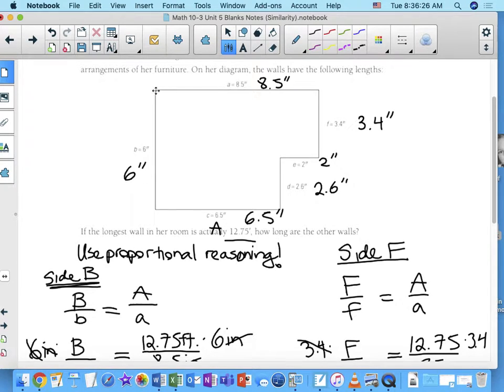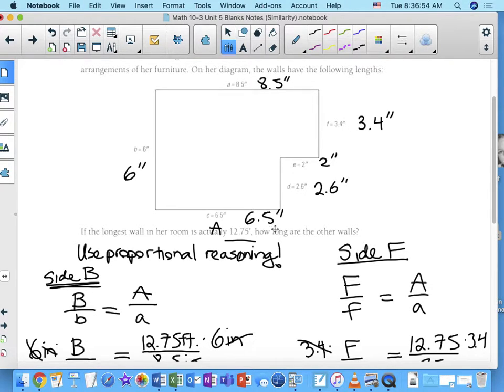So we were looking at this diagram that someone drew of their room that was a scaled down version of their room, meaning that it's similar to their room. And we knew that the longest actual side of their room was 12.75 feet. And so that would correspond to the longest side of the diagram, which is 8.5 inches.